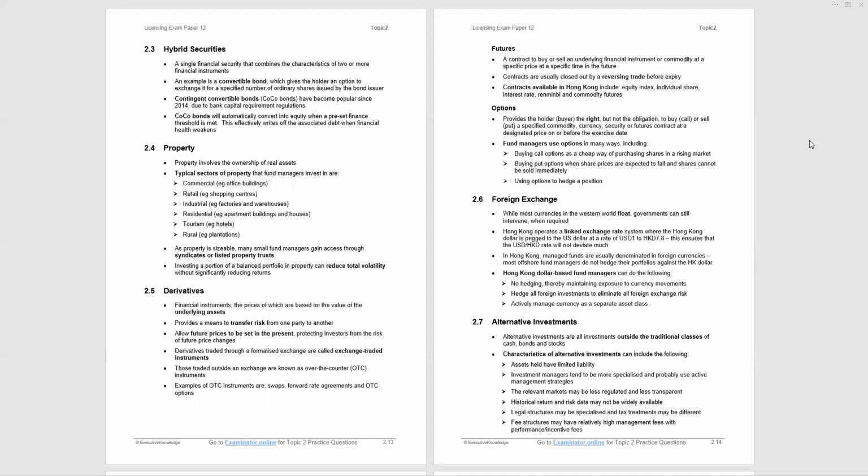Contingent convertible bonds, known as COCO bonds, have become popular since 2014. And a COCO bond will automatically convert into equity. So you reduce your debt, you turn it into equity, and it's not the investor that decides. This would be automatic given the makeup of the instrument, where a preset financial threshold is met.